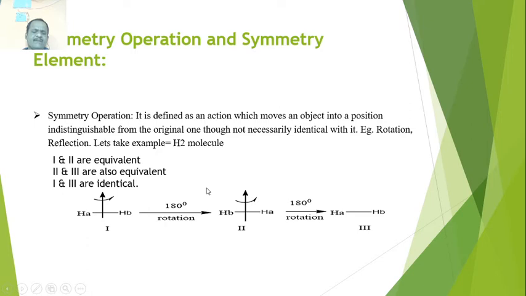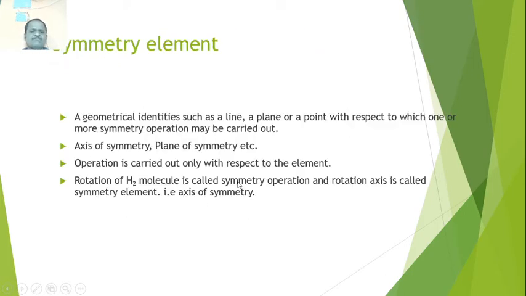Remember that you have to perform rotation on that molecule. Rotation is one type of operation. When you perform a rotation of the H2 molecule, you get different configurations, and those configurations are equivalent or indistinguishable from one another. That is nothing but the symmetry operation.